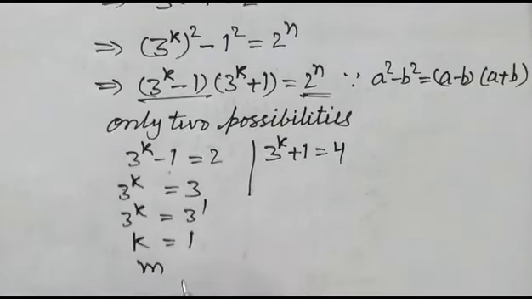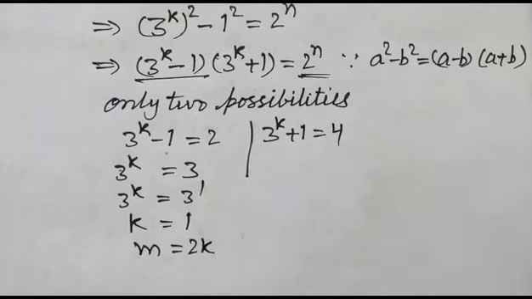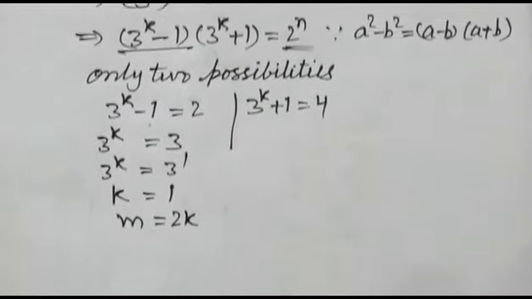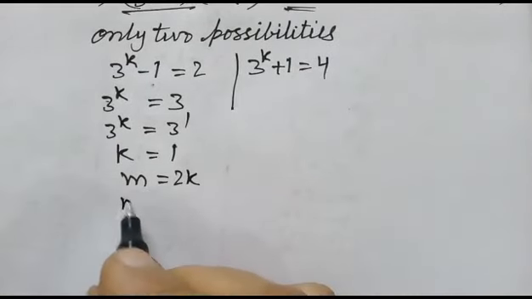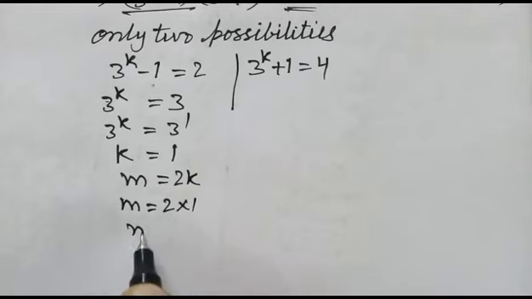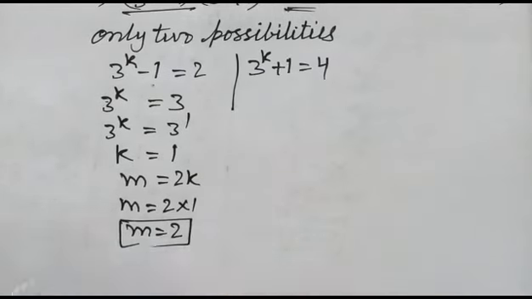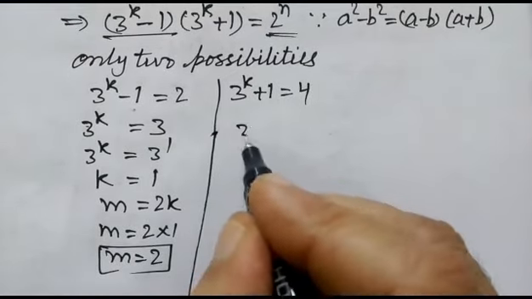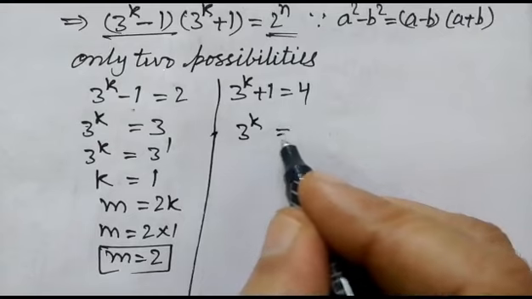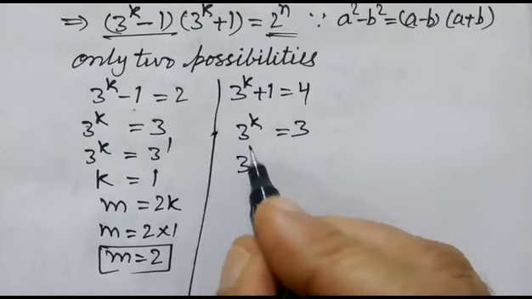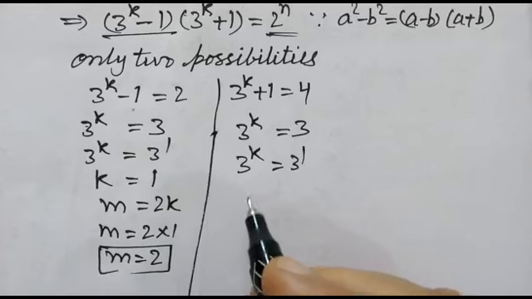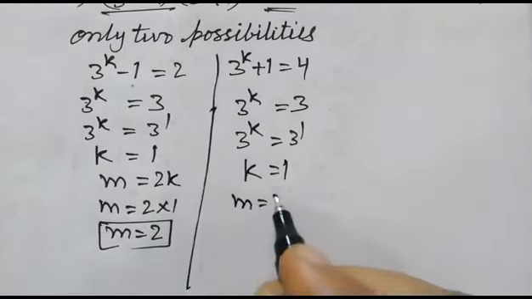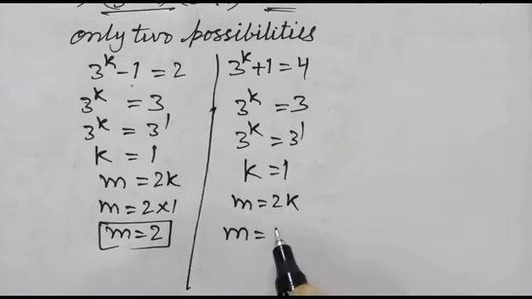As we have assumed m is equal to 2k, so m is equal to 2 into 1, or m is equal to 2.